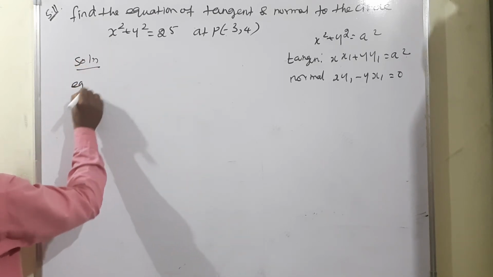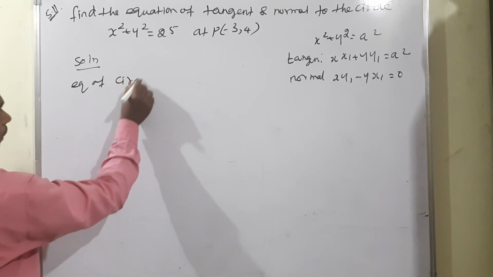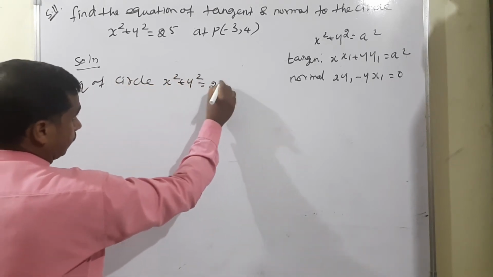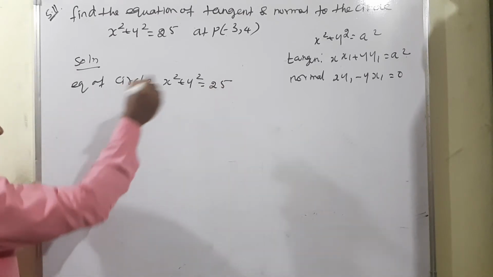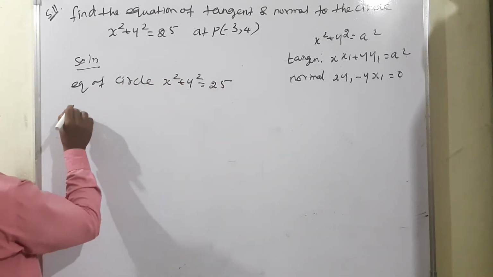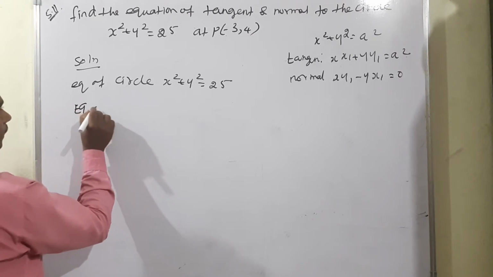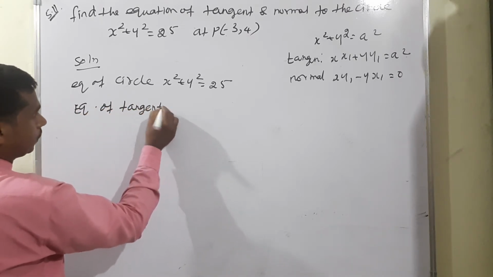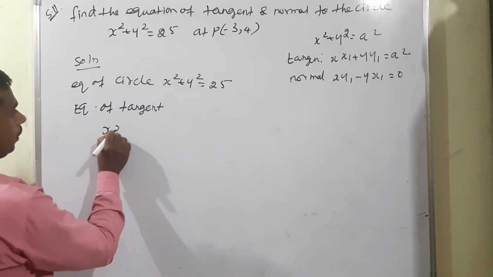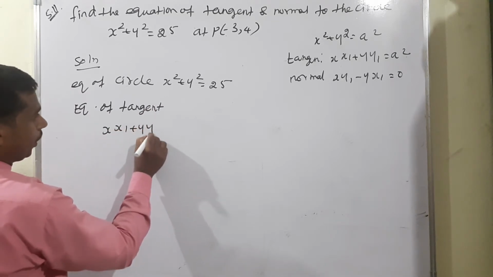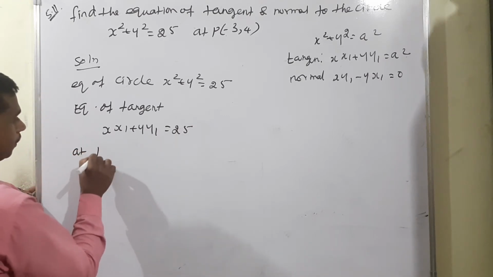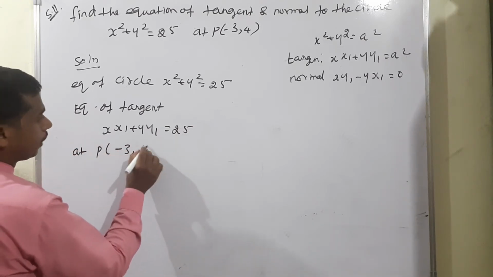So equation of circle, x square plus y square is equal to 25. Now first we have to find out equation of tangent. So equation of tangent means x x1 plus y y1 is equal to 25. Point P minus 3 comma positive 4.